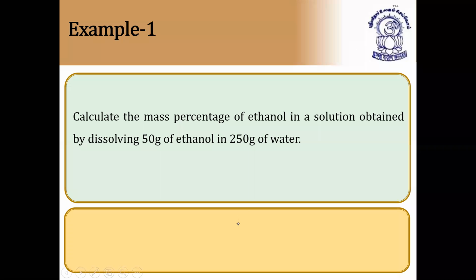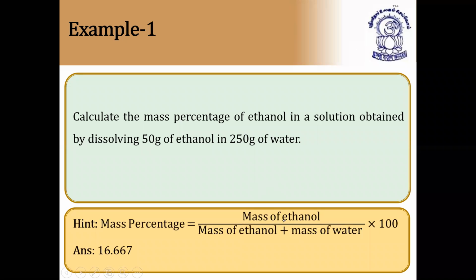So the answer 20%. Sorry, it should be mass of ethanol by mass of ethanol plus water. So here we have to take mass of ethanol plus mass of water, into 100. So that is 50 by 50 plus 250, into 100.